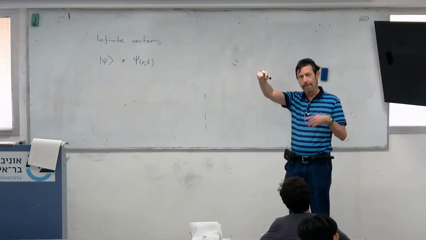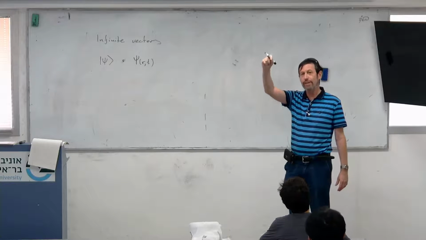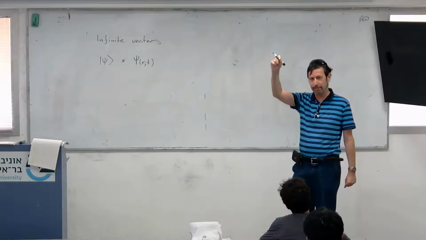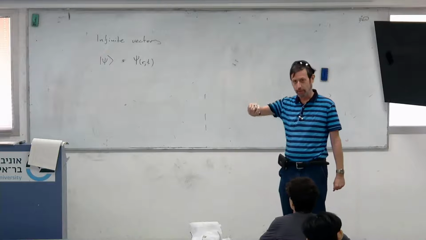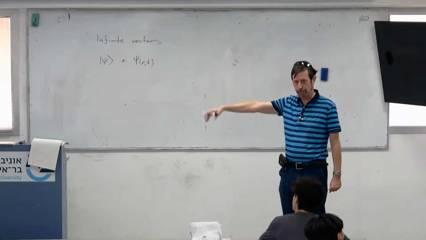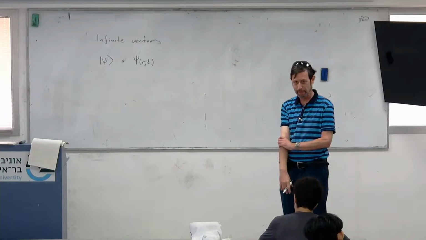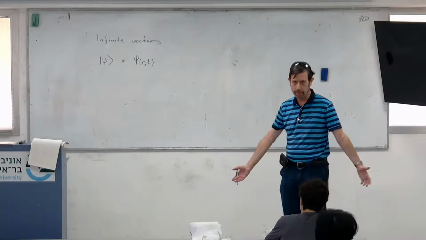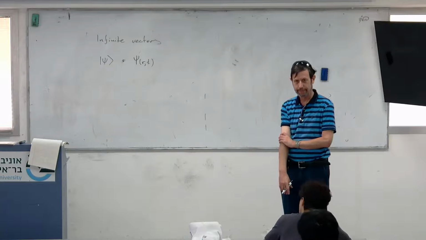In position r and t of space-time, you have this value. You go to some other position, you'll have a different value. It's a continuum because r is a continuum, so you sum over r.